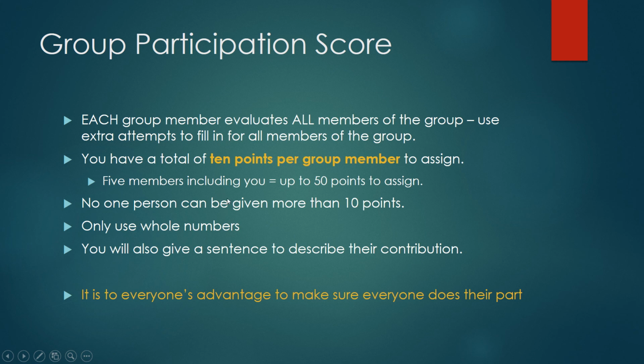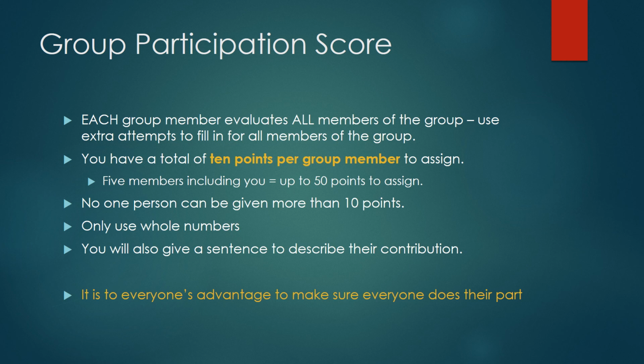Okay, there's no so-and-so did 18.666666 points worth of work. Please use whole numbers. You will also be given a space to give a sentence to describe what that person did. Did that person find a source? Did that person help to organize the presentation, etc.? So you're going to describe what you and everyone else did.